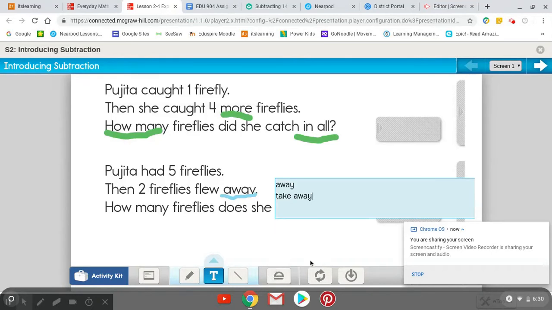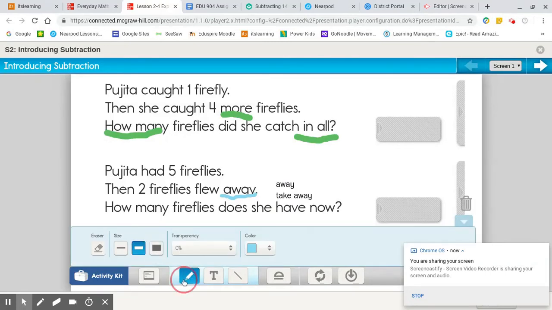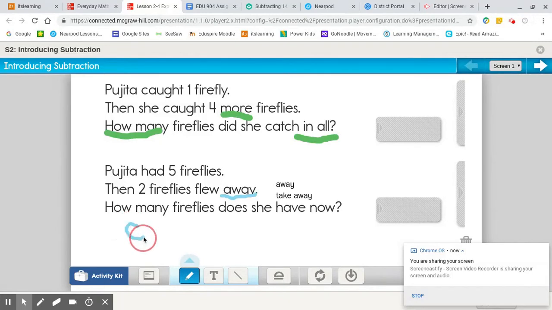Okay. Now let's see if we can solve this problem. So she starts off with 5. I would suggest that what you do is go ahead and draw yourself, and I want you to do this right in your journal underneath your words. Draw 5 counters. Remember, quick and easy. Circles are easy counters. Draw yourself 5.